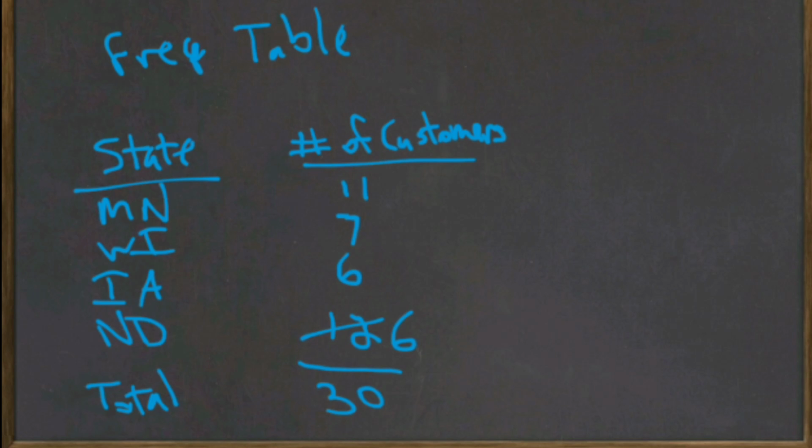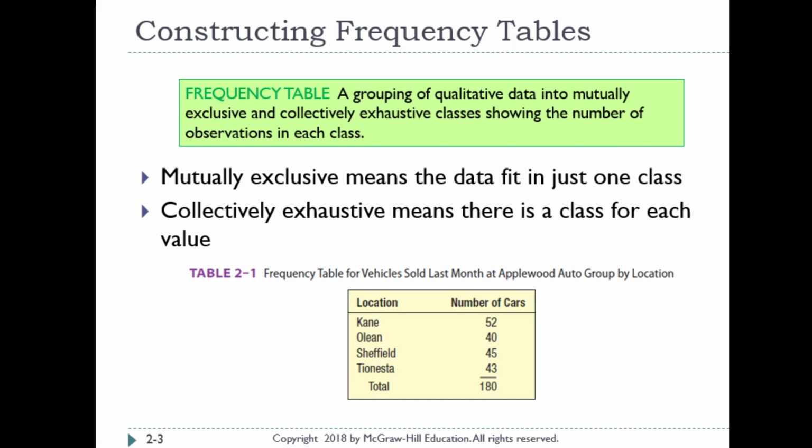Now, one thing we'll talk about is that we want our classes to be two things. We want them to be mutually exclusive and collectively exhaustive. Mutually exclusive means that each data point fits in just one class.